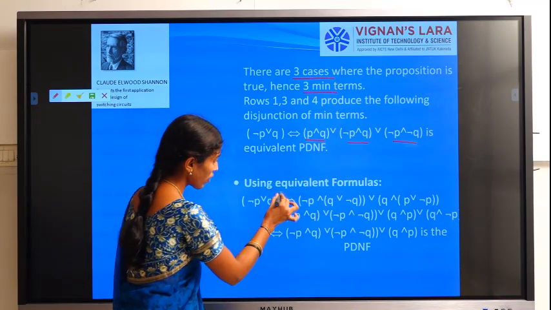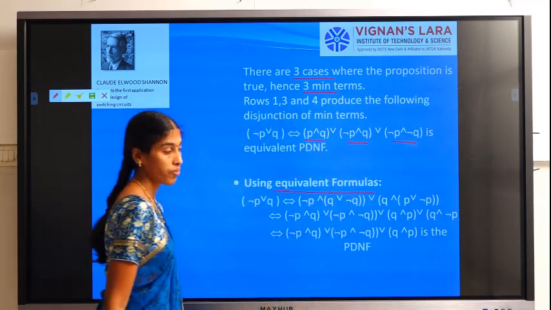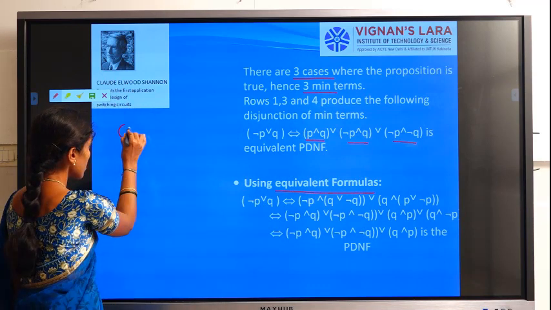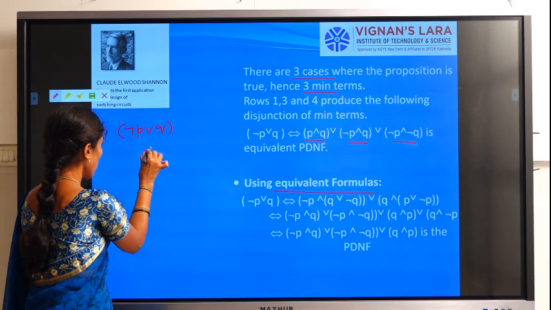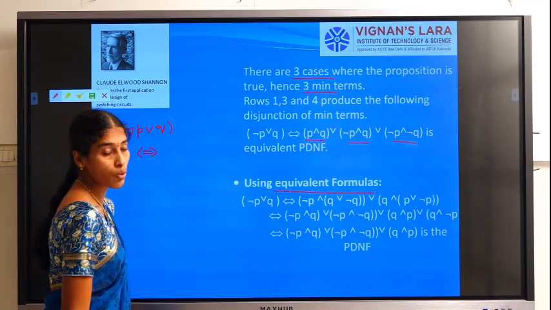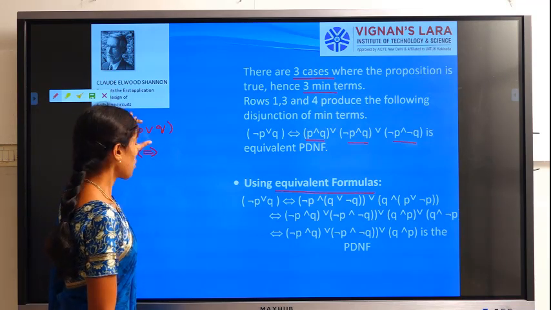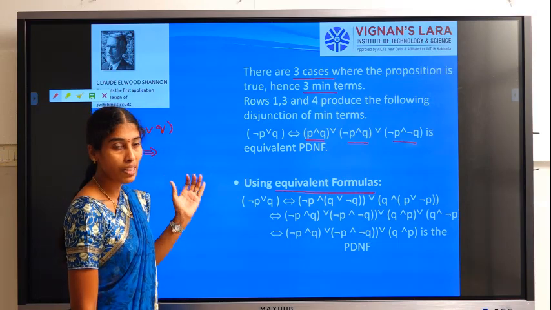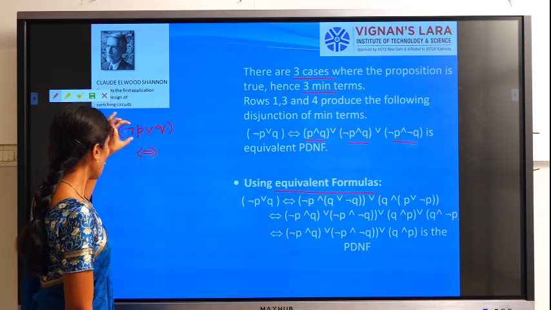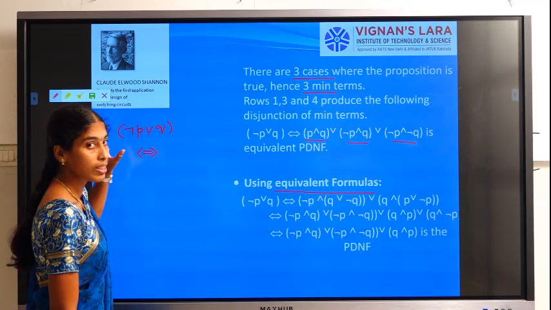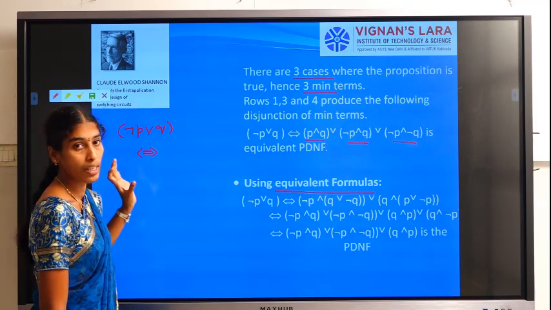Now using the equivalent formulas. The given proposition is negation P or Q. First, in every step we need to check whether the statement is a disjunction of min terms or not. Here the disjunction symbol is there, but negation P is not a min term and Q is also not a min term.